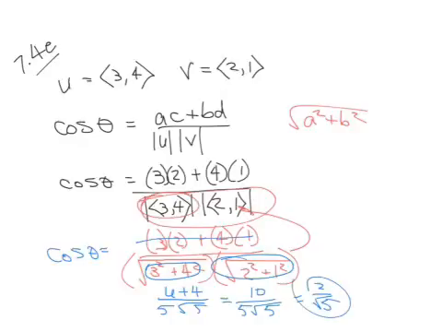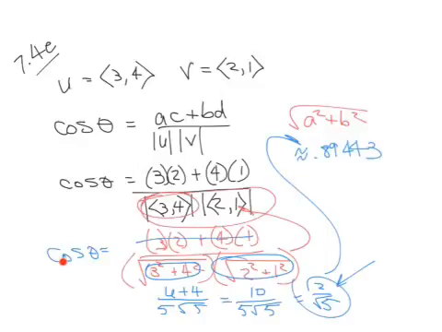We don't have to rationalize the denominator. Just divide that out, and you'll find that you get 0.89443-ish. The reason we did not rationalize is because that is not our answer. We don't have to rationalize the denominator yet, because our answer is going to be an angle. So that is the cosine of theta.